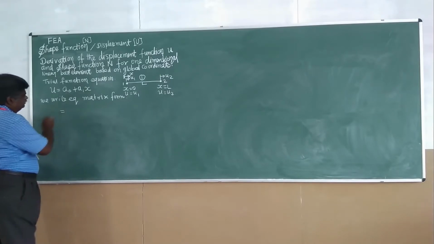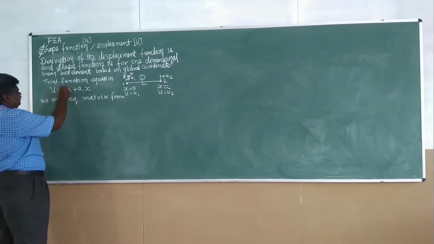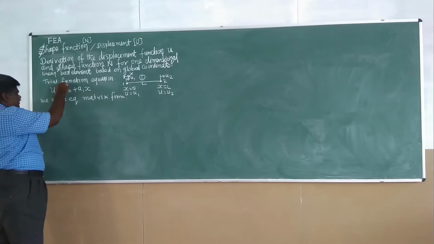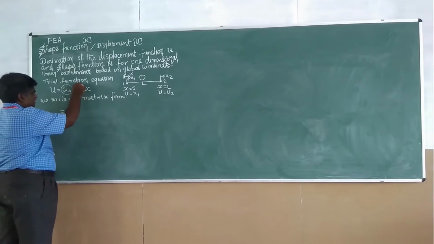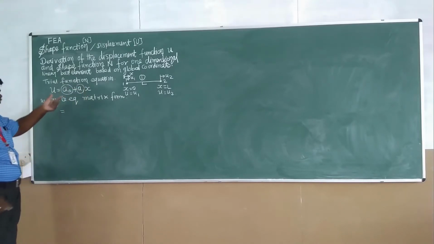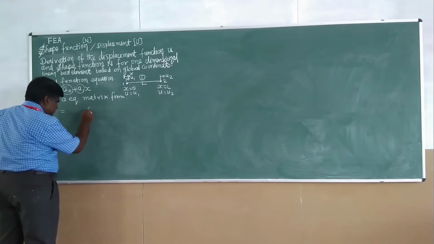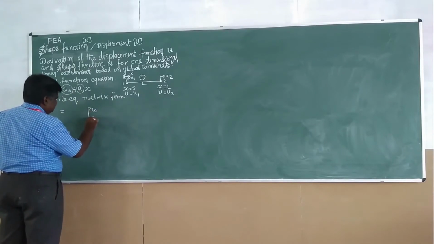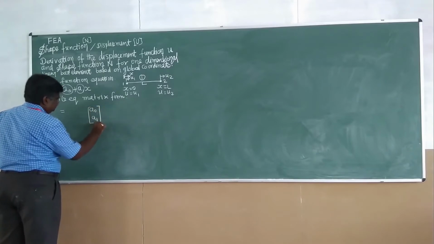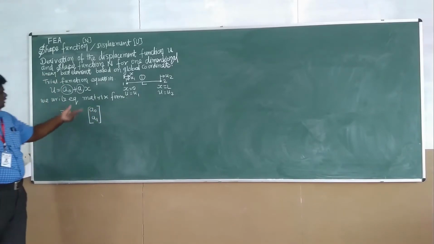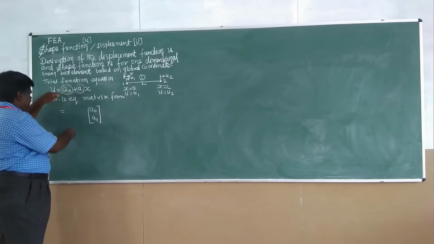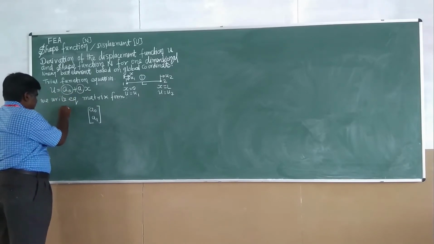In matrix form, from the trial function equation we have to calculate a0 and a1, so we have to take them outside.